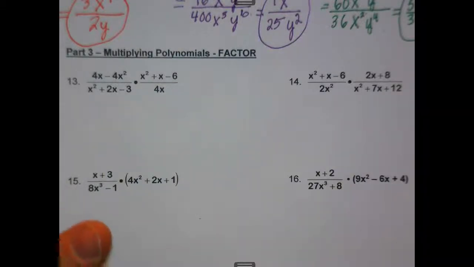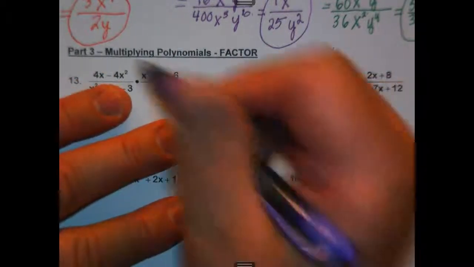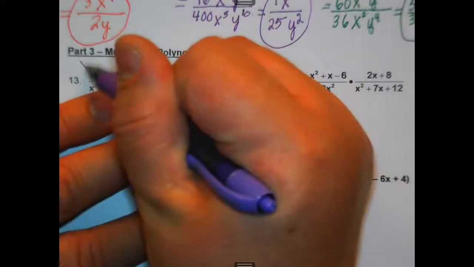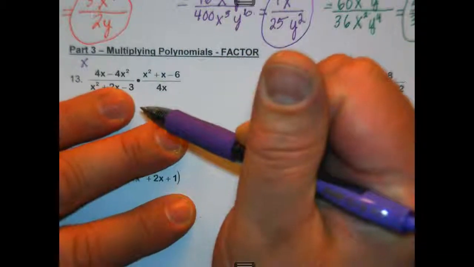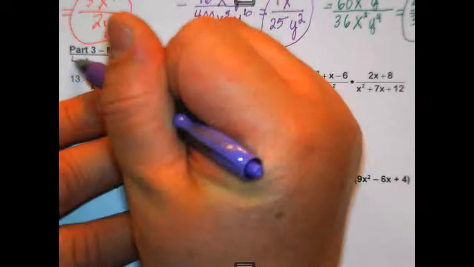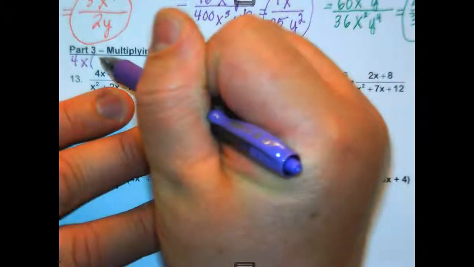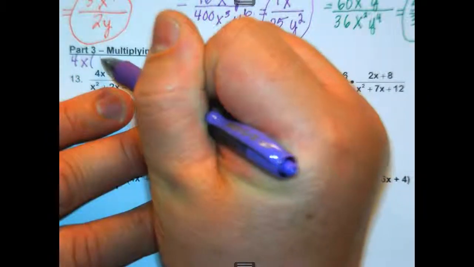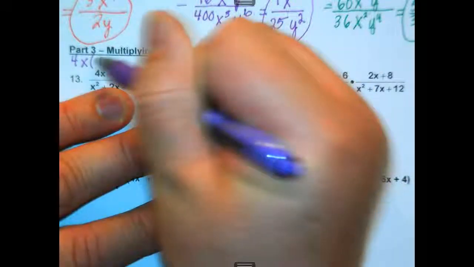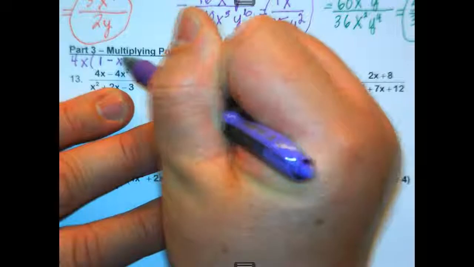Okay, 13, what can I factor out of 4x minus 4x squared? An x, what else? And a 4. So I have 4x divided by 4x is 1, minus 4x squared divided by 4x is x.